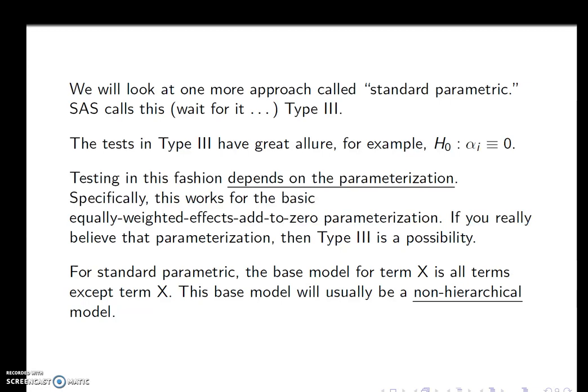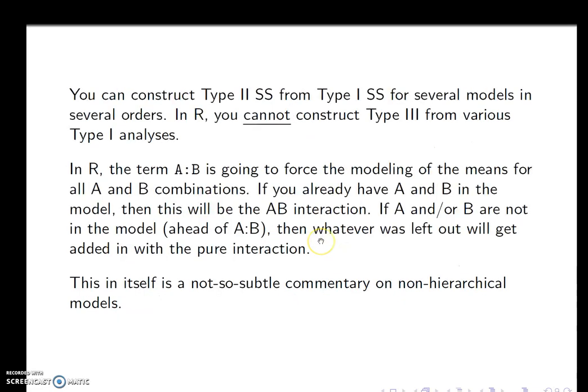And if you really think that equally weighted effects that add to 0 parameterization is correct to be using, then you can use type 3. For a standard parametric model, the base model for term x is all terms except x. So this is non-hierarchical in nature.